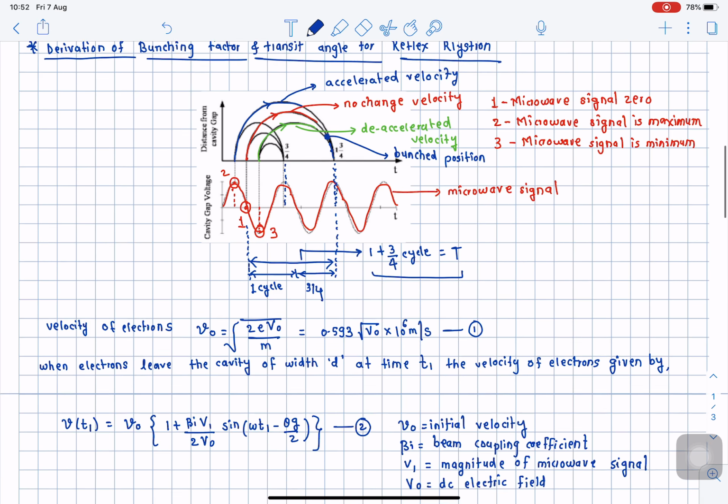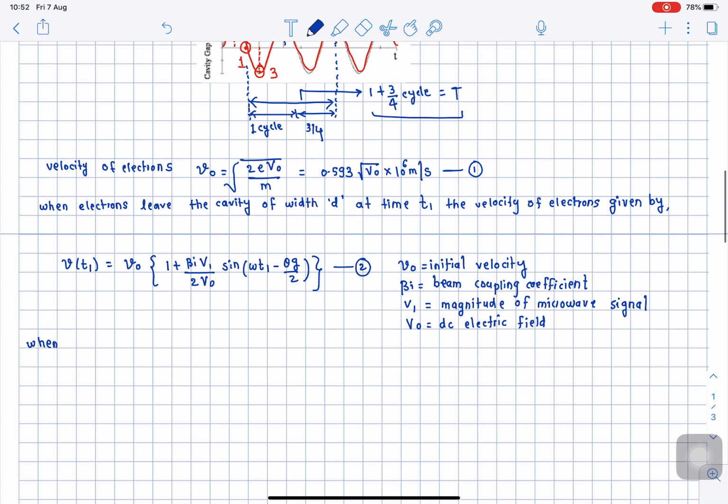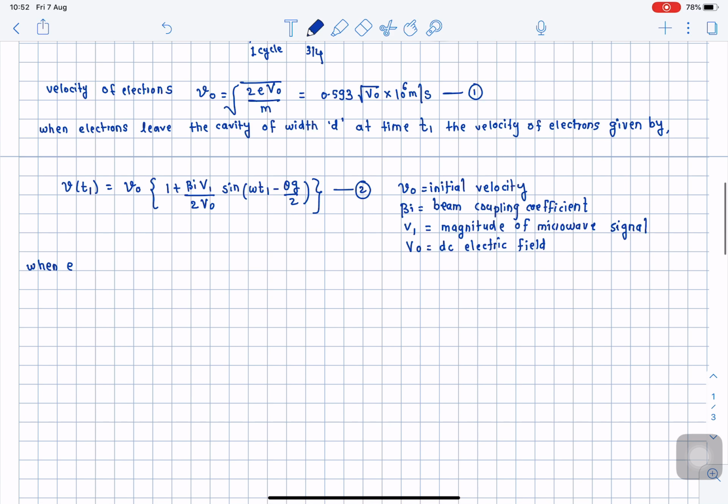So here I will write that statement. When electrons approach the repeller, they will get retarded, or rather we'll write they will get repelled.